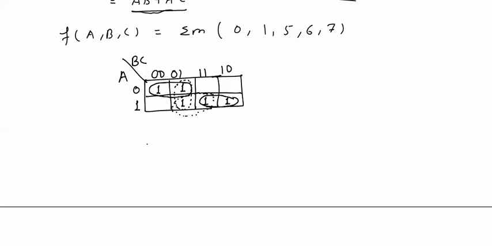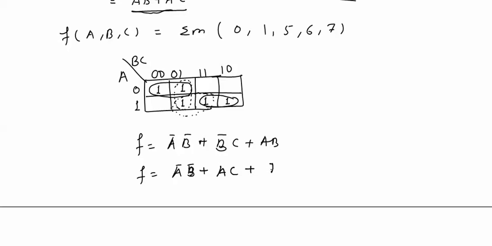So for this K map, we get the expression F equal to A bar B bar plus B bar C plus A B, or F equal to A bar B bar plus A C plus A B. So these two terms are different in both expressions. If we take a different combination, we will get a different answer.